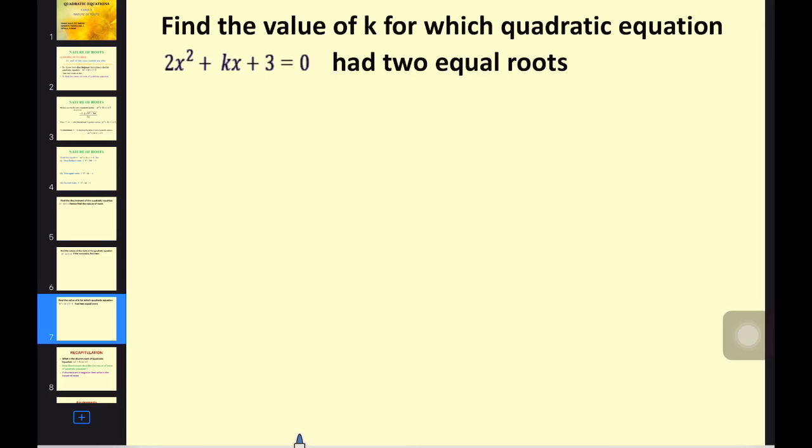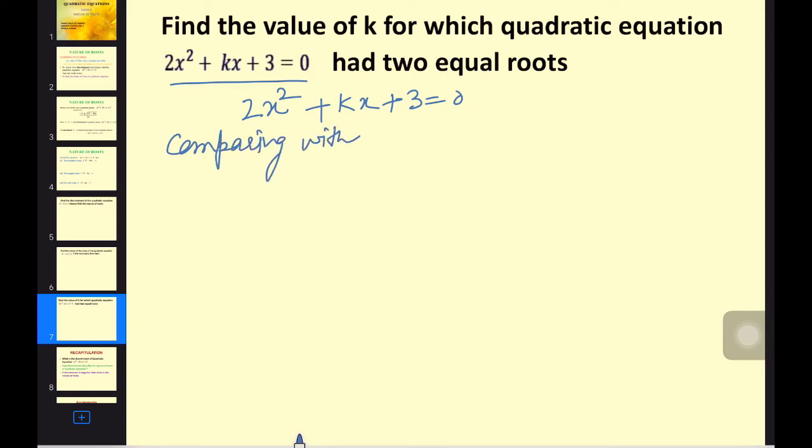Find the value of k for which the quadratic equation 2x square plus kx plus 3 equal to 0 has two equal roots. We have to find the value of k for which this equation has two equal roots. First of all, we will compare with the general form of the quadratic equation ax square plus bx plus c equal to 0.